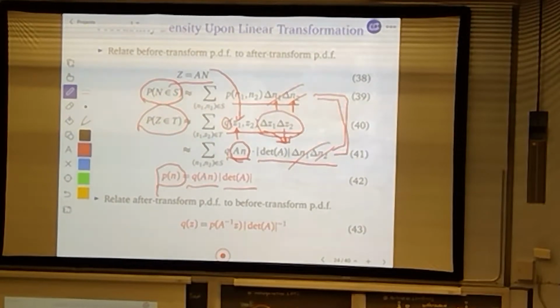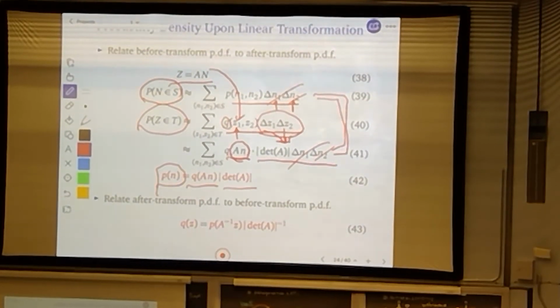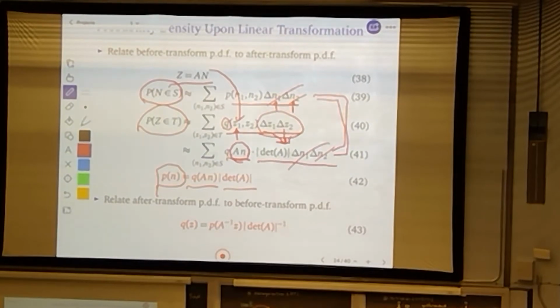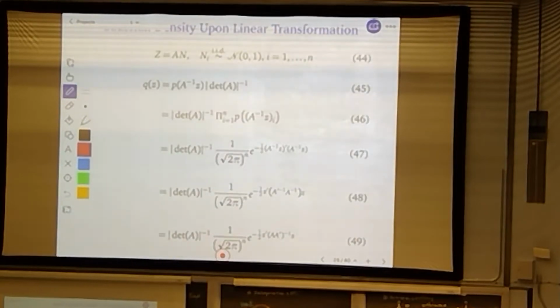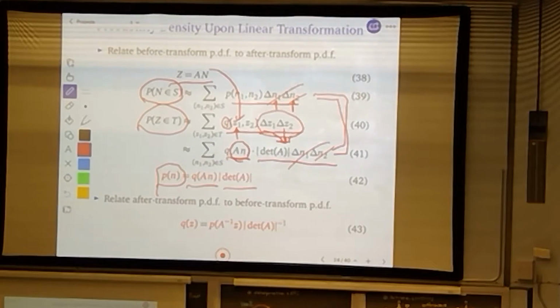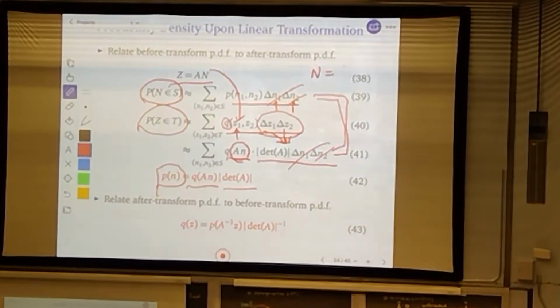In this case, N maps to Z through linear transform A, a one-to-one mapping. You can totally do it the other way, because if Z equals A times N, that means N equals A inverse of Z. This is again a linear transformation.